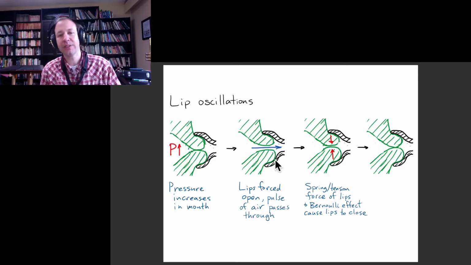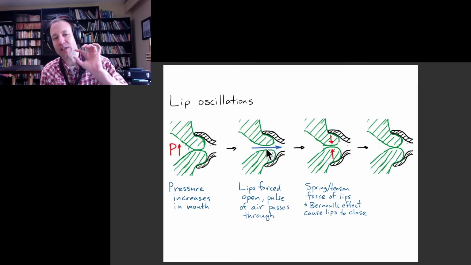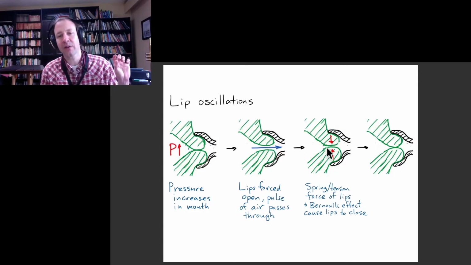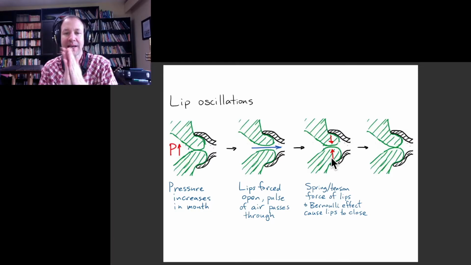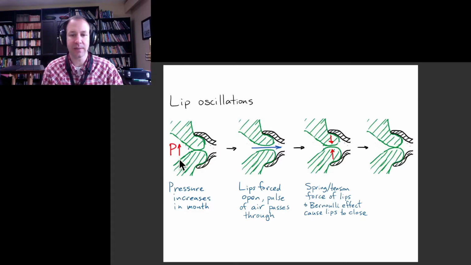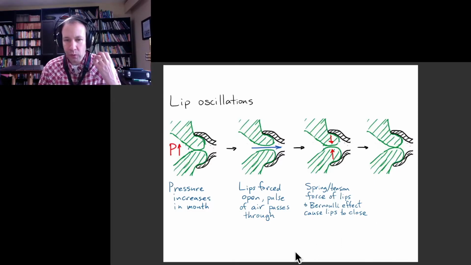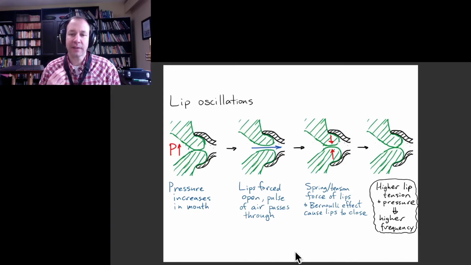So that Bernoulli effect, the lowering of the pressure between your lips, and also the springy forces of your lips themselves are going to snap your lips back together after a short period of time, and then we're back to this original situation. So the interesting thing is that you have a lot of control. So this is going to be a periodic phenomenon.